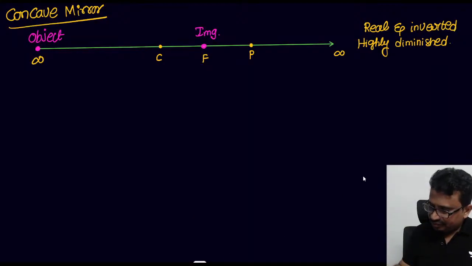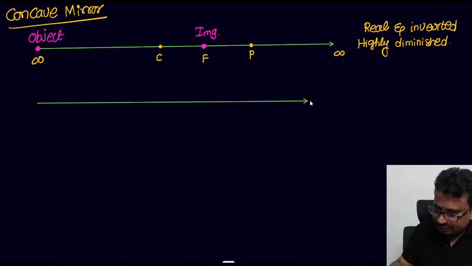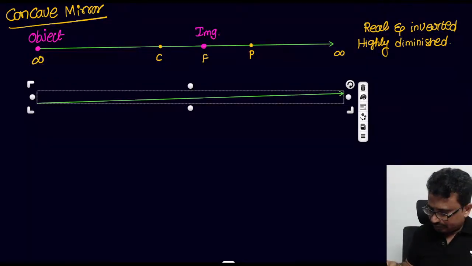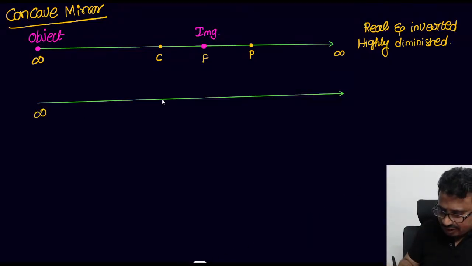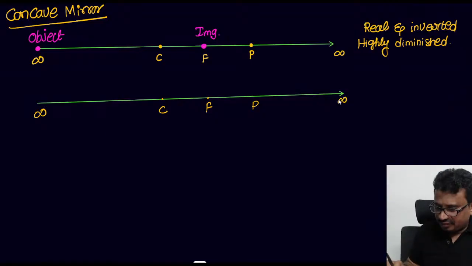Next, now you tell me what happens. As usual, we should remember the terms. This is infinity, here we have the center, this is the focus, and this is the pole, and this is infinity. Now we are moving the object. Let us say the object is here.